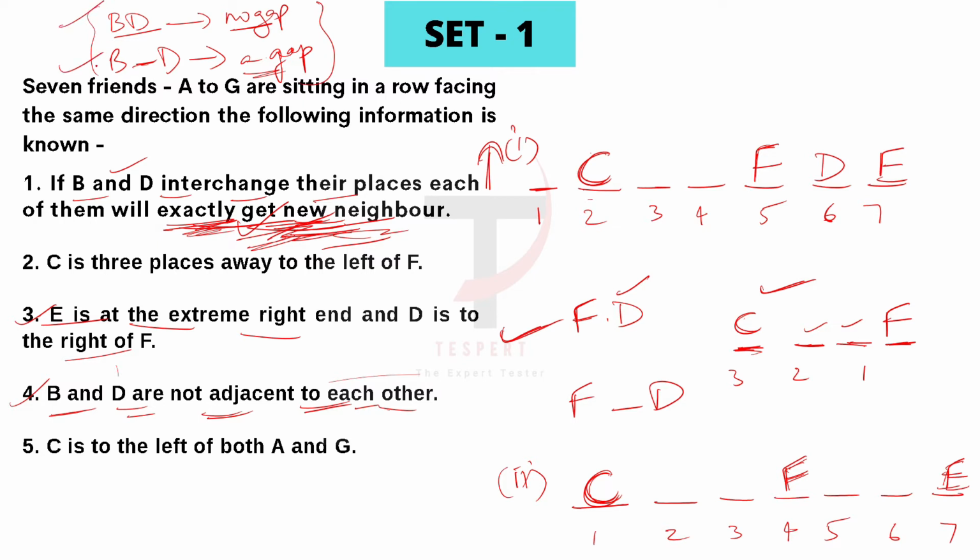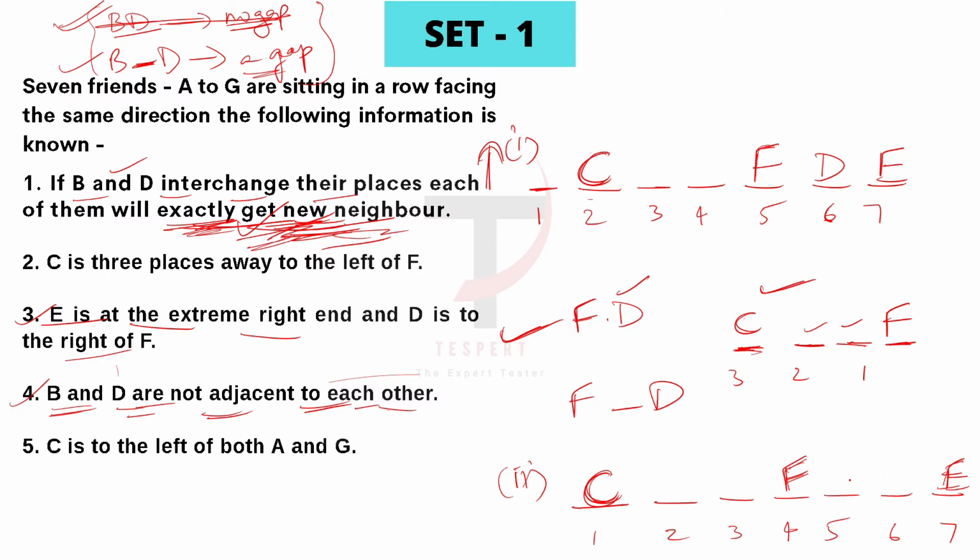But BD with no gap is not possible because, according to the fourth statement, B and D are not adjacent to each other. So BD with no gap is ruled out. So between B and D there must be one gap.